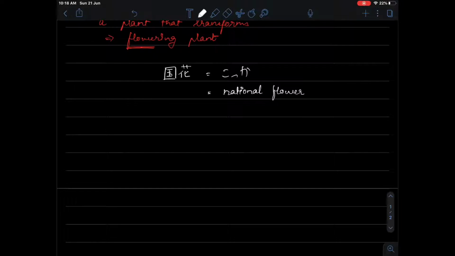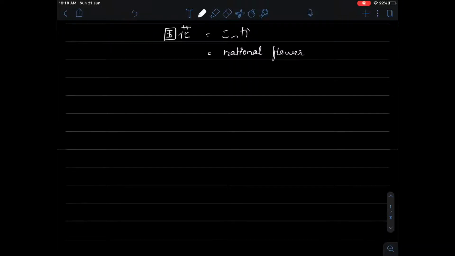National flower. Okay, let's have a look at the next word. This will be read as hanami. Not kaken, it will be read as hanami.